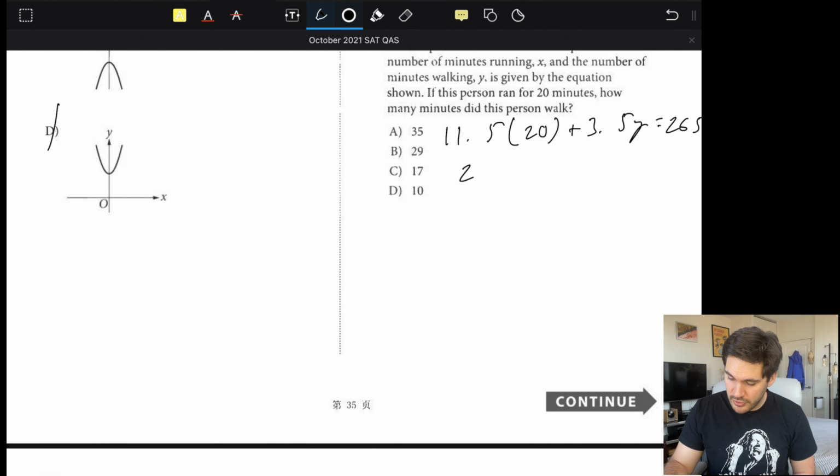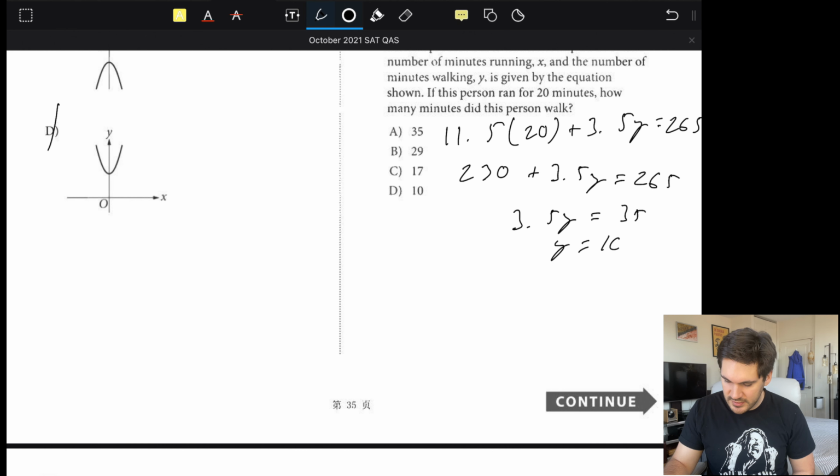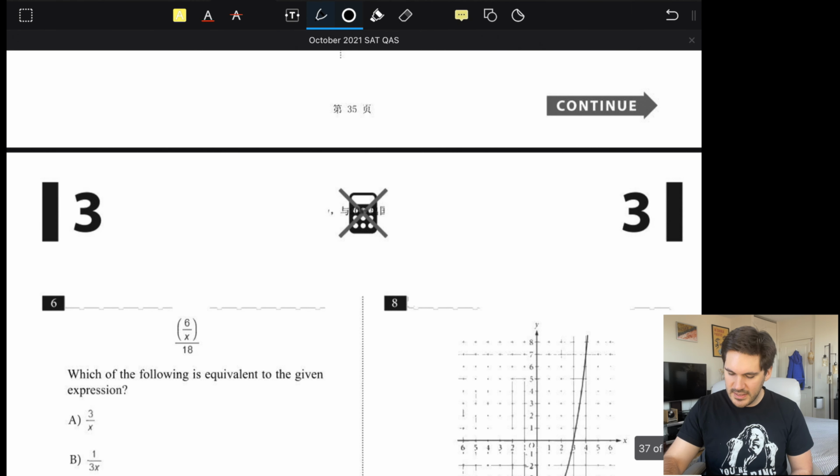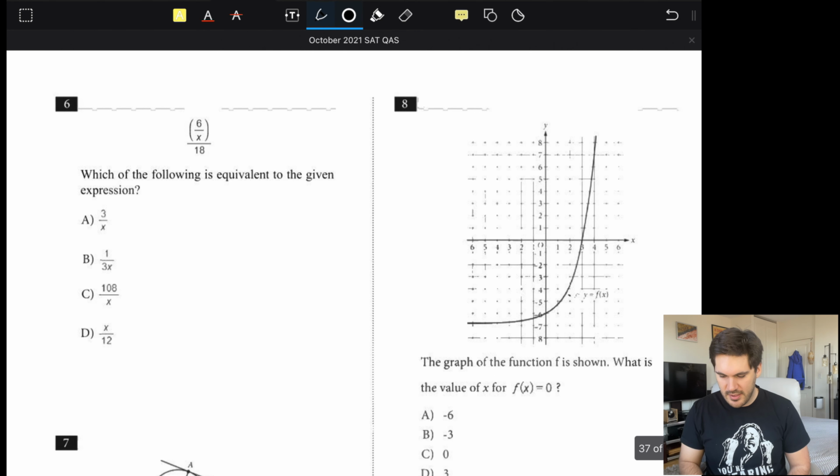So 230 plus 3.5y equals 265. So 3.5y equals 35. So y equals 10. Cool. Easy peasy so far.